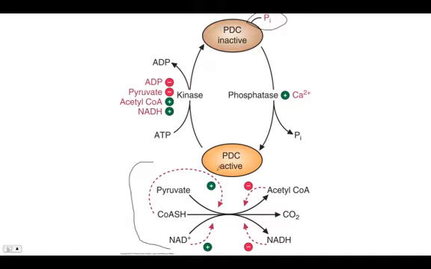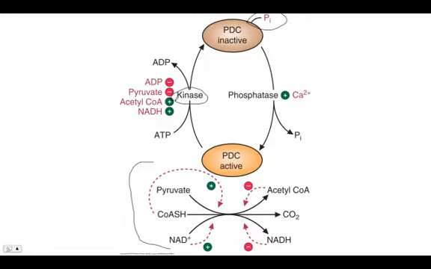Like all enzymes in the fed state, the pyruvate dehydrogenase complex is active when dephosphorylated. The complex itself is phosphorylated and inactivated by a kinase. This kinase is termed the pyruvate dehydrogenase kinase.